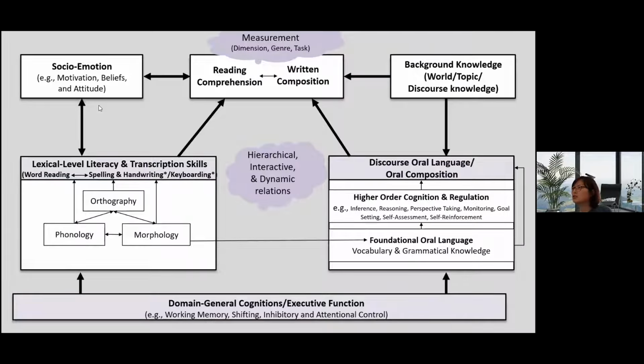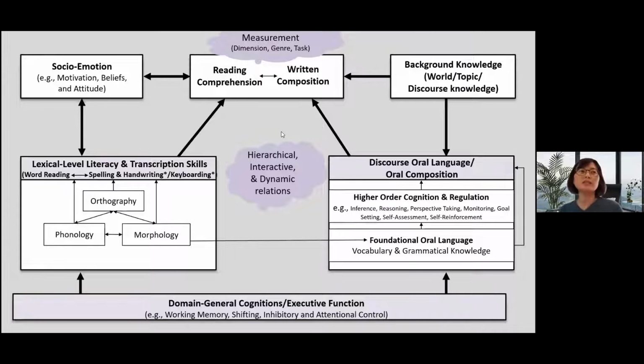That's a great question. Let me show you, just as a reminder, the model, right? So this is the one. The reason why I have social emotions is because the literature suggests that how students feel about themselves as a writer is really based on their experience of spelling words and writing.